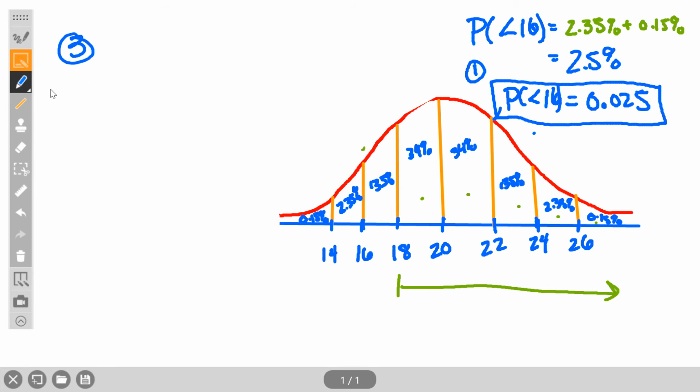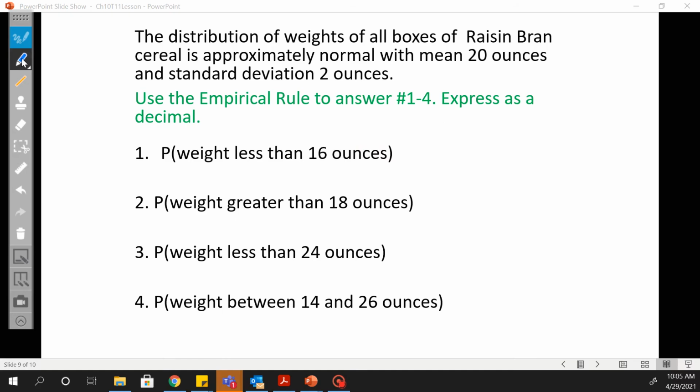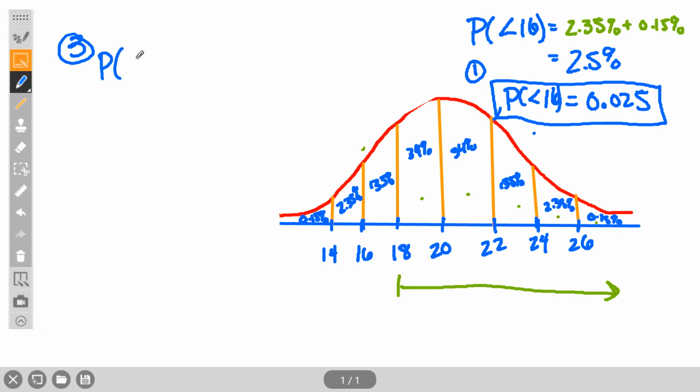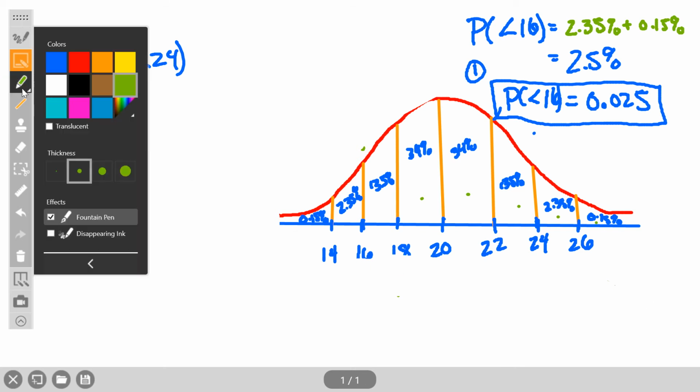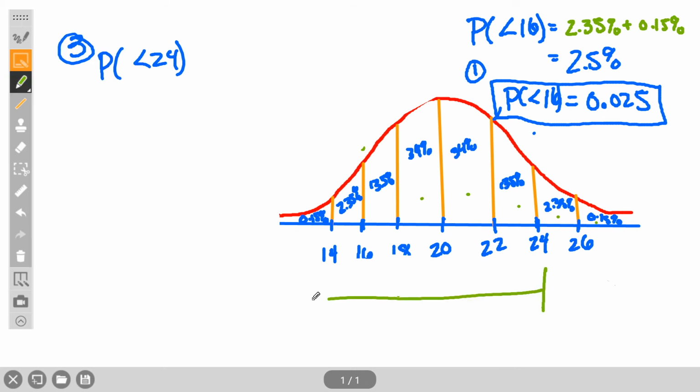Okay, let's look at number 3. Less than 24. We want the probability that the weight is less than 24. So we'll be looking at all of the probabilities to the left of 24. That would be this one, this one, this one, this one, this one, this one.